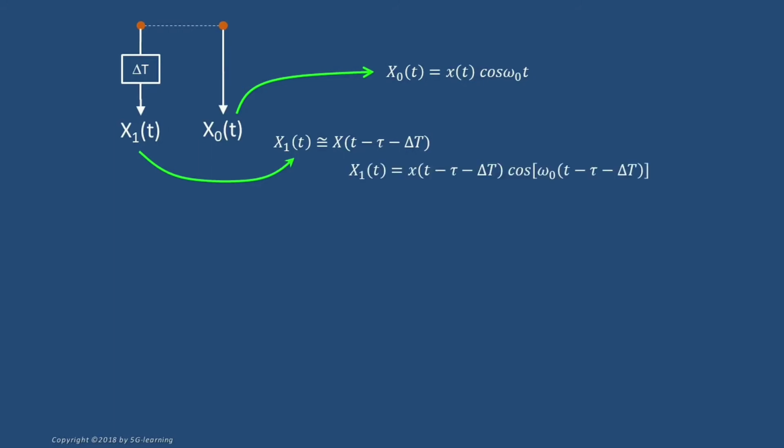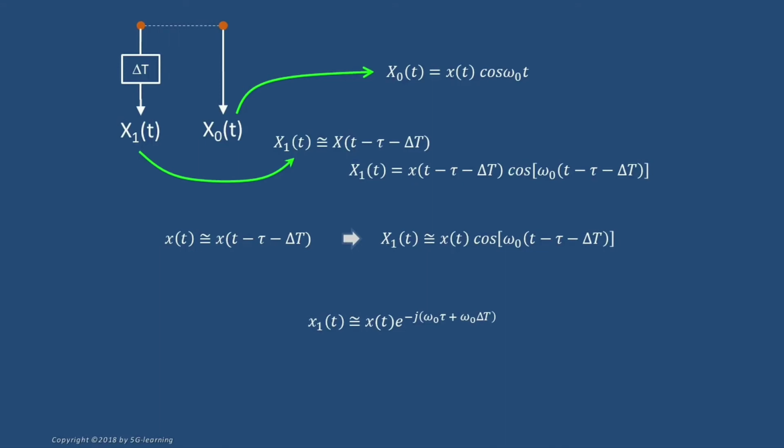In a typical cellular system, the bandwidth of x of t is much smaller than the carrier frequency f0, so the signal x of t will not change significantly after the delay tau plus delta t.